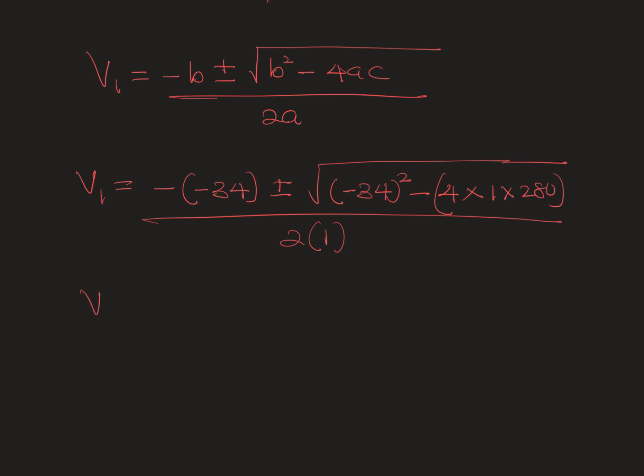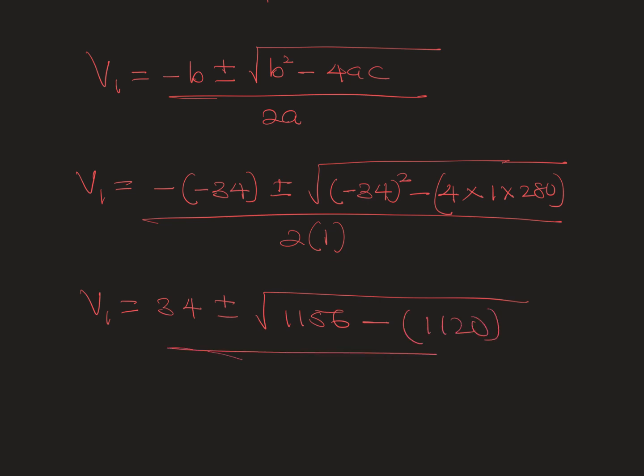So I will have V1 is equal to negative times negative will be positive, so that will be positive 34 plus or minus the square root of negative 34 squared is positive 1156 minus 4 times 1 times 280, that will be 1120, divided by 2 times 1 is 2.